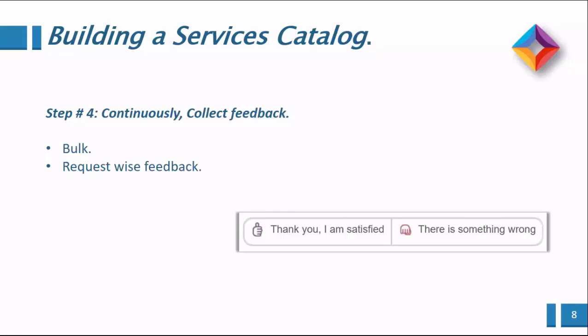The very well-known way is bulk feedback, where every quarter or every half a year the service team collects feedback about its services from other parties of the organization, and that, I would say, is a very bad way of doing this, because unfortunately we human beings tend to forget.